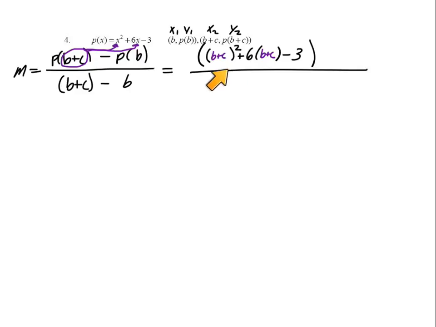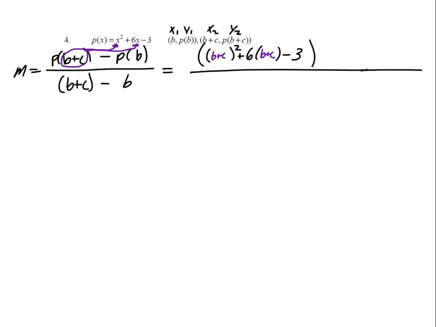Once I get to this step, there's no more p's. P of this and p of this means substitute something in. Now we've done that, so there's no more p's. B plus c is substituted in, so that's what function notation does, but now we're done with the p part for that. Let's not forget about p of b though too.